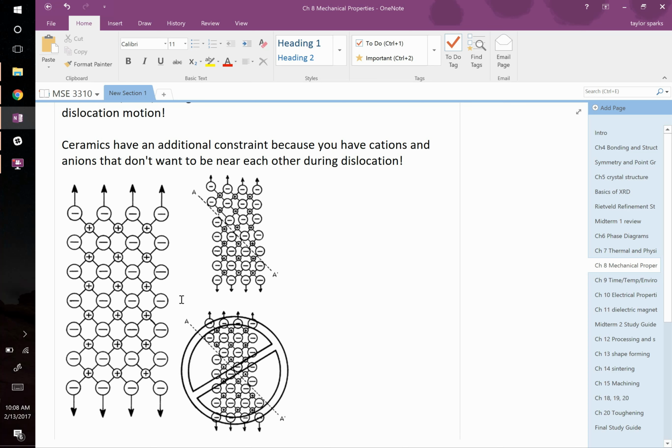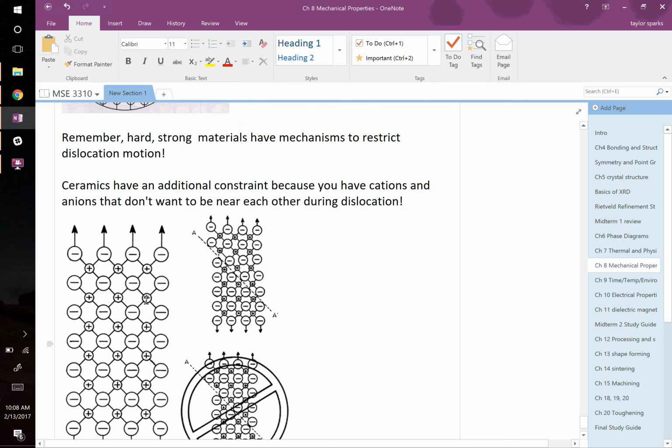If it slides closer to another metal, that's great in terms of bonding. It doesn't mind that at all. But this is an extremely unfavorable intermediate state. So for this to happen, you have to have a really high temperature to accommodate this strong repulsion. Otherwise, it's just happier to break. And that's what happens. Rather than sliding past one another, ceramics just break. The electrostatic repulsion is just too strong. Okay? That's the last thing for here.